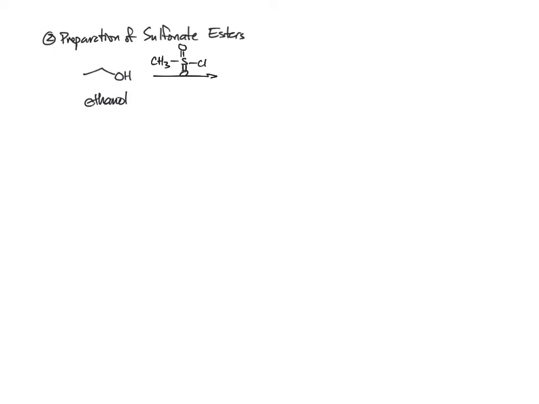So this molecule is called methane sulfonyl chloride. And then we're going to run that in the presence of this base again, which is called pyridine. We're using a base because we're generating an acid that comes from this H and that Cl.